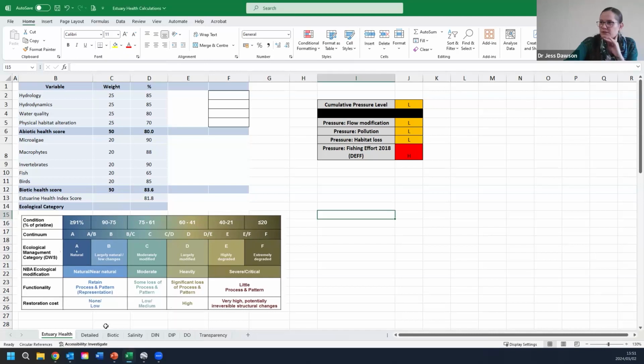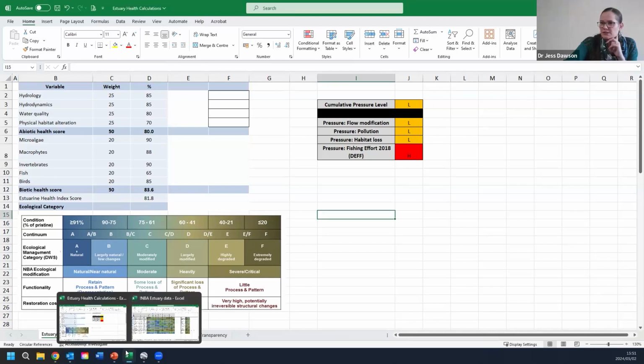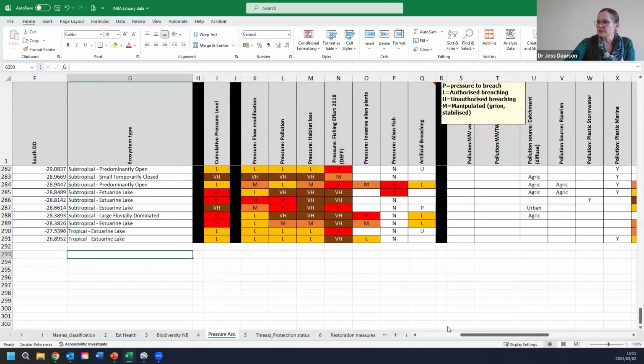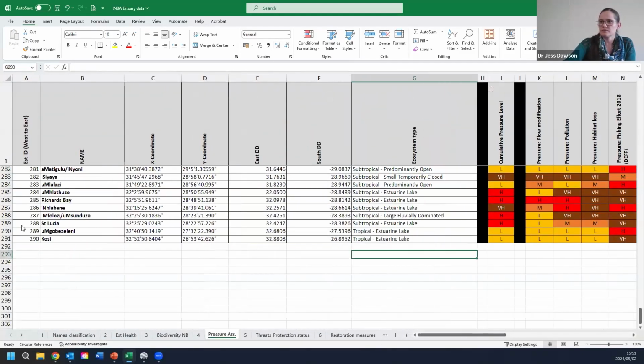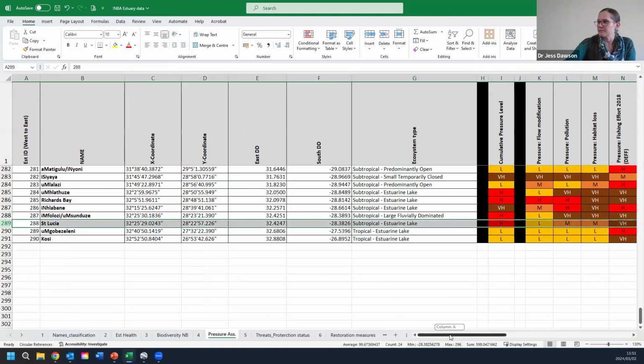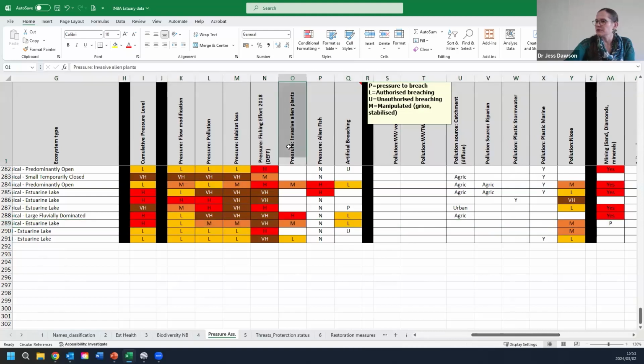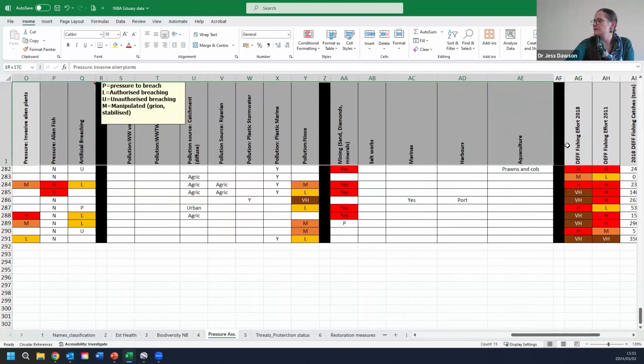So let's look at pressure assessment for the St. Lucia estuary. I'm going to copy, this one's going to have a couple more. So I'll copy all of these.